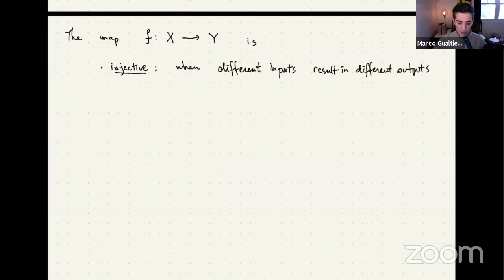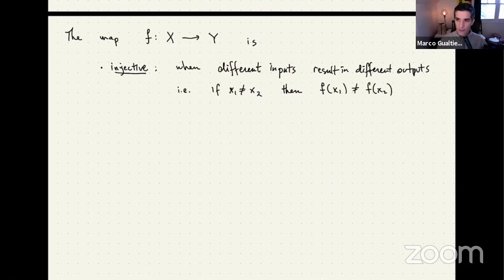Let me write that in mathematical notation. If x1 is different from x2, then f of x1 is different from f of x2. So we have no collision of outputs.